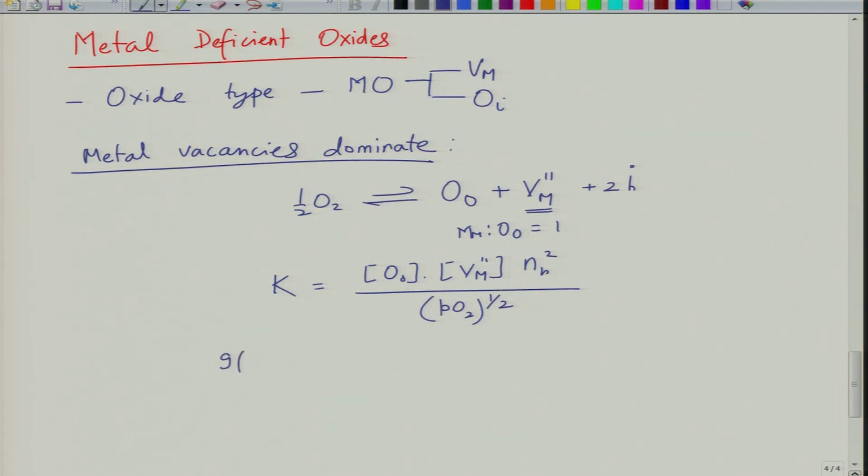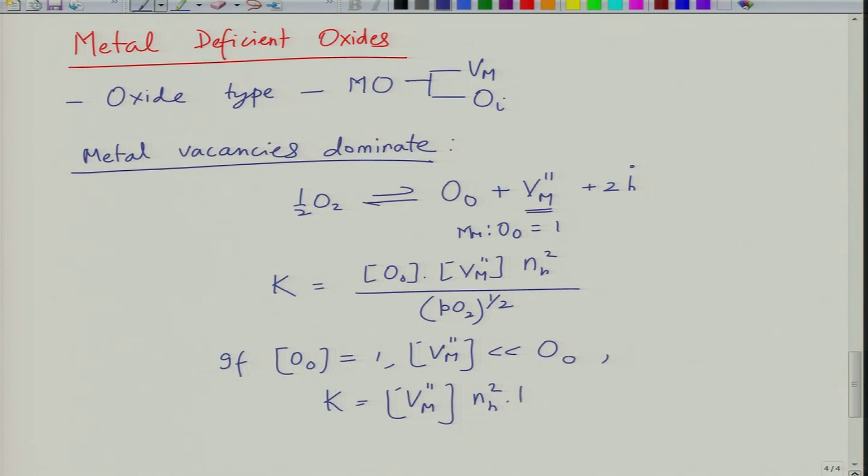So, if we say that OO is equal to 1 and Vm is very small as compared to OO, then one can write K being equal to Vm multiplied by NH square multiplied by PO2 to the power minus half. And what is the electrical neutrality condition?